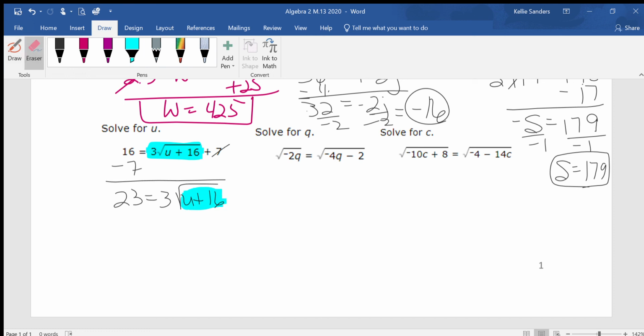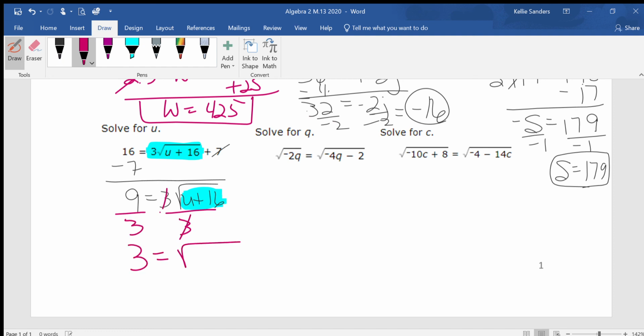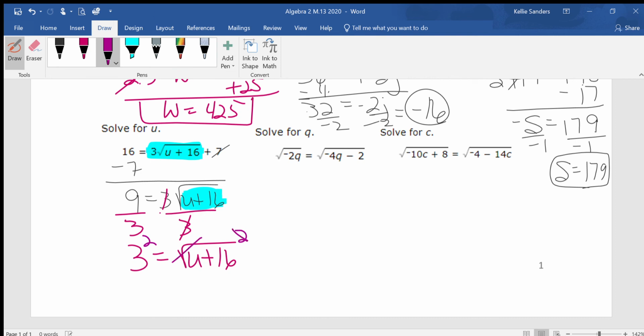Okay, so first off I need to learn how to subtract. 16 minus 7 is 9, which is a whole lot better than 23 whenever I divide by 3. Square, square, and back at 9 again.